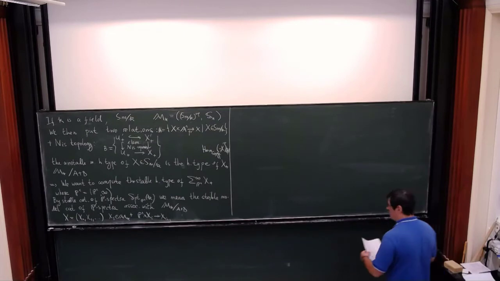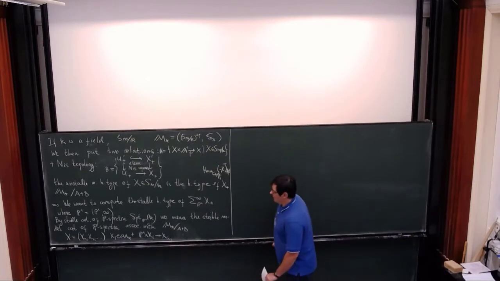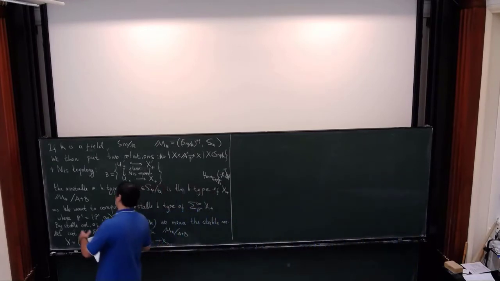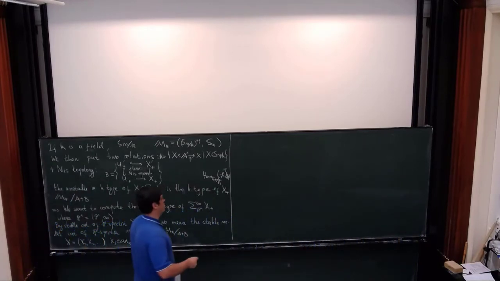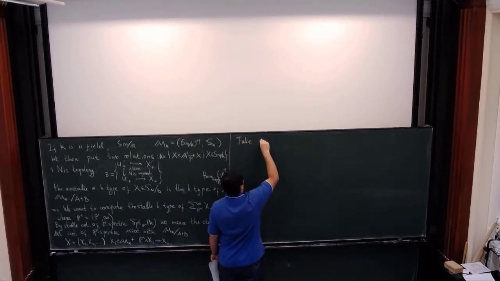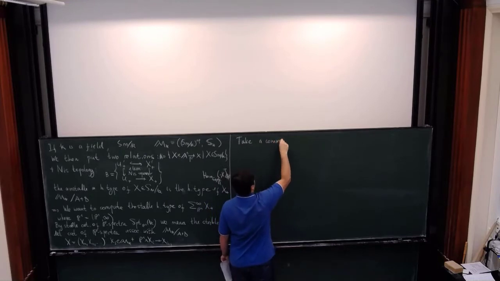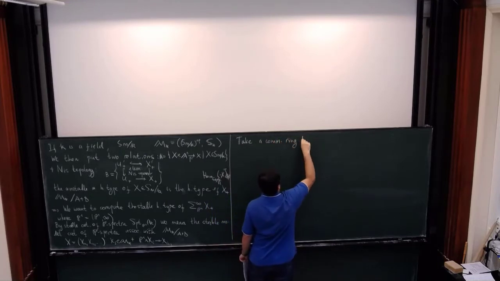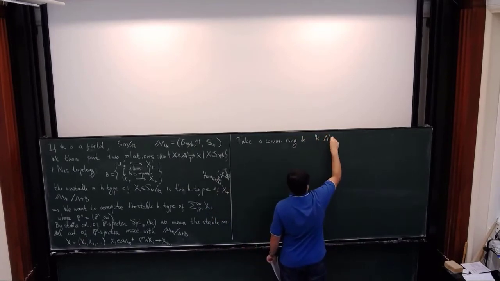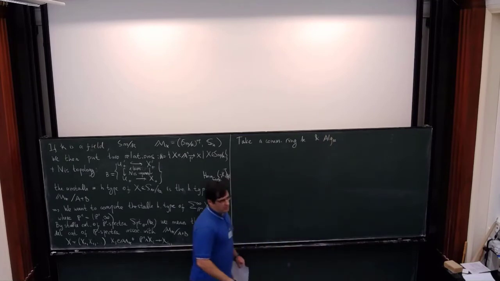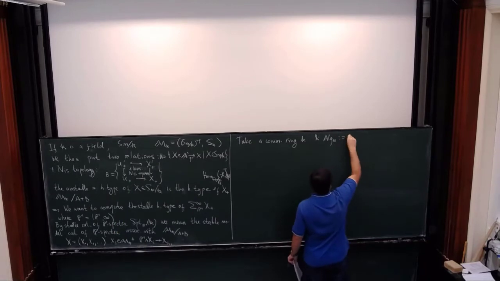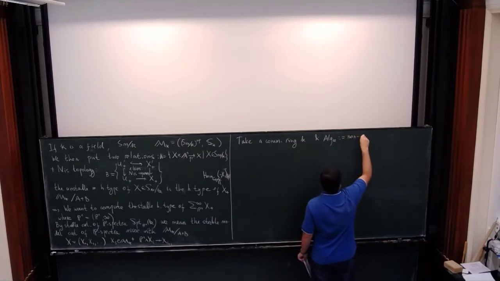Okay, and another category which can be defined close to this one, if we start with a commutative ring K here, and by K-algebras, we mean all non-unital algebras over K.